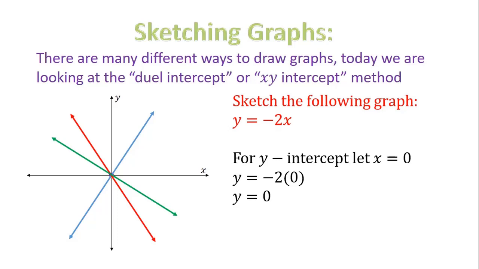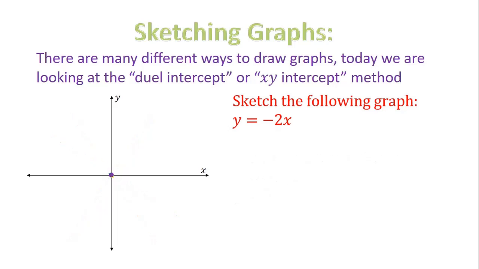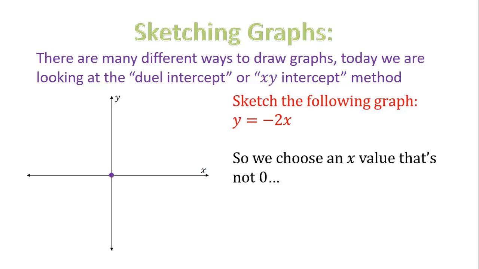To actually work this out, we have to do an extra step. Alright, we have to do one more thing. Let's look at what we do. When we've got our x and y intercept at 0, 0, what we then need to choose is an x value that isn't 0.